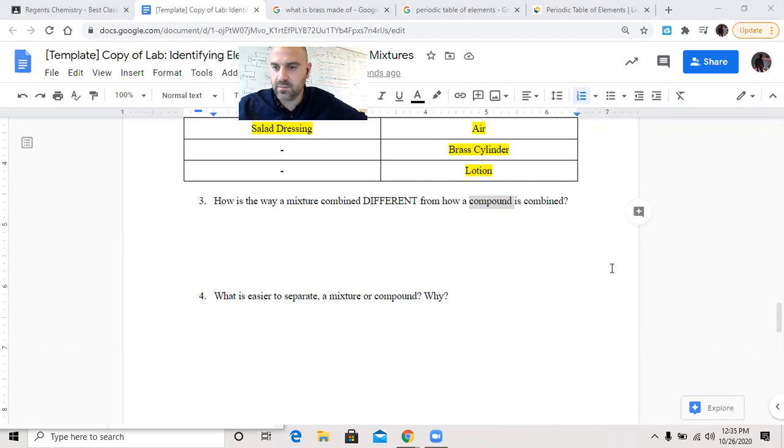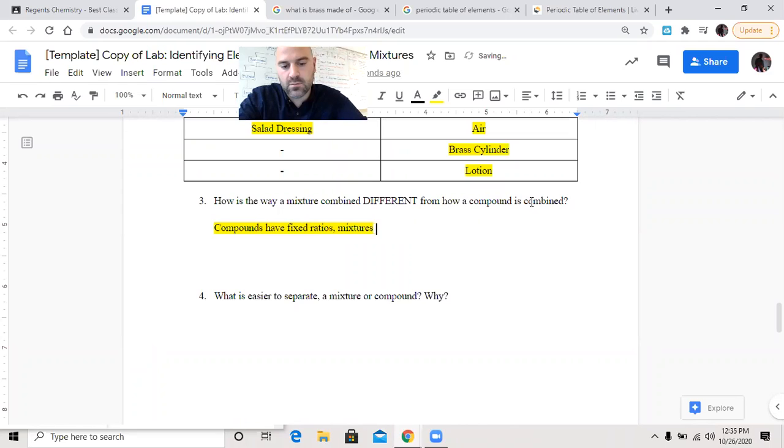Yes, Faith, that works out. Yes, Michael. Compounds have fixed ratios, mixtures do not. I'm going with that one. Several of you were putting the same type of answer. Michael's word for word says compounds have fixed ratios. Mixtures do not. The ratios vary.